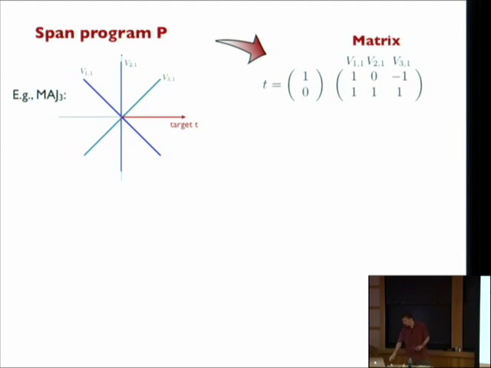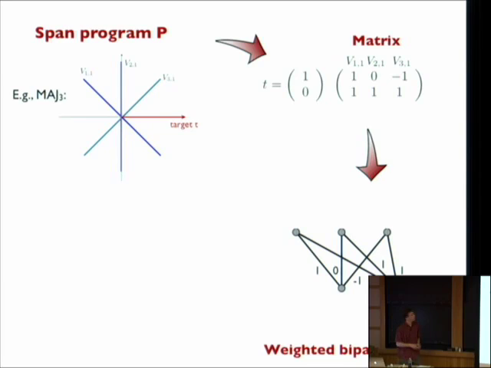So that's this matrix. We then consider that as the biadjacency matrix for a bipartite graph. So there's 2 vertices here that correspond to these 2 rows. 3 vertices here correspond to these 3 columns. And the weights correspond to these entries. Yeah, so this edge here is the 1, 0 edge.